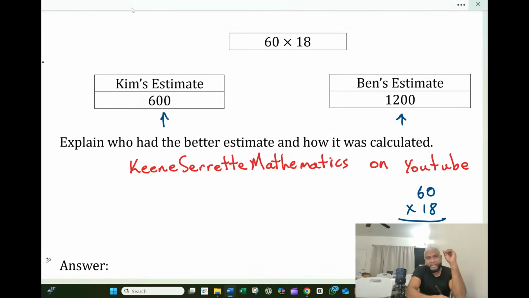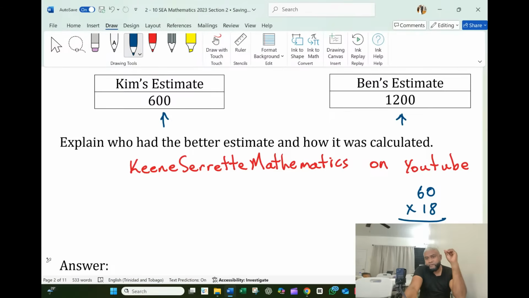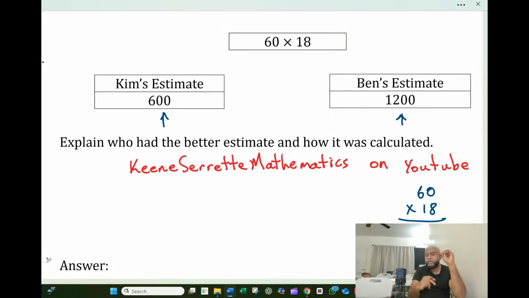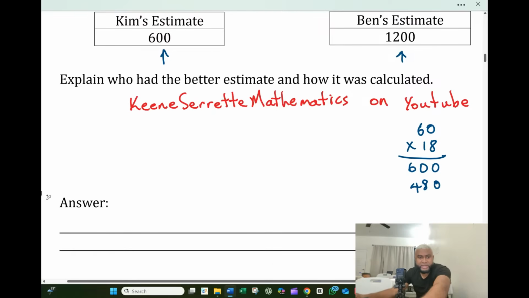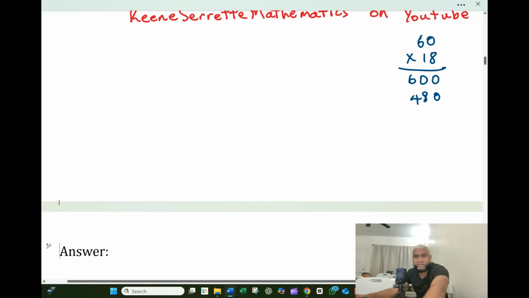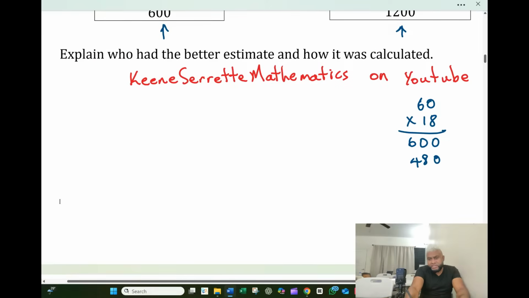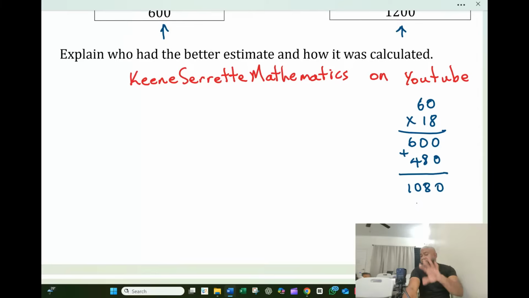So this will be 480. 480 plus 600. Hold on, that's how we got a glitch on the pen. So 600 plus 480 would give us 1080, because 6 plus 4 is 10. Now, this is the answer.